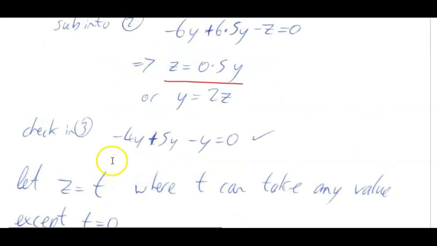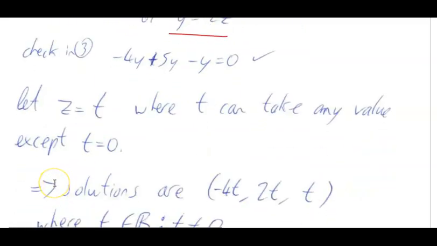Now, they've said y equal to 2z, but you could have left it the other way and worked through it, which would have been fine. Here, if you just let z equal t, where t can take any value except t equals 0, so t is just a parameter, we have x is equal to minus 4t, y is equal to 2t, and z is equal to t.